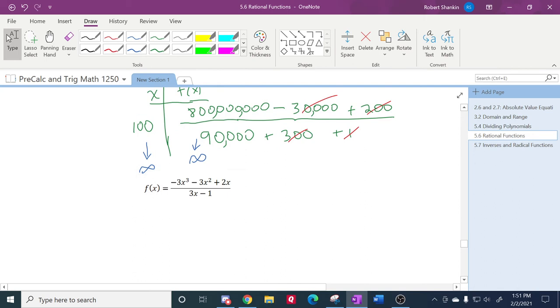State the horizontal asymptote for f of x. Put your answer into your group chat.